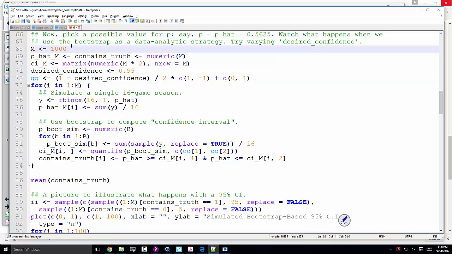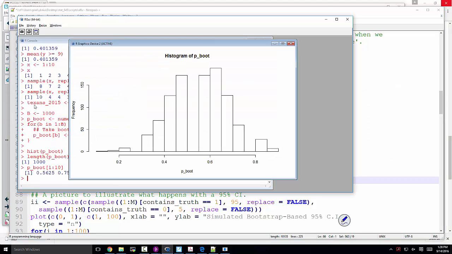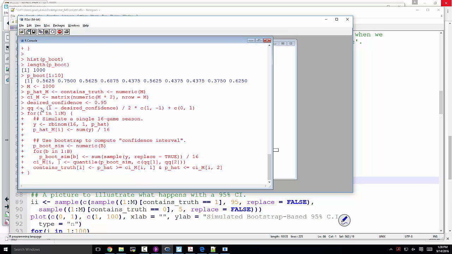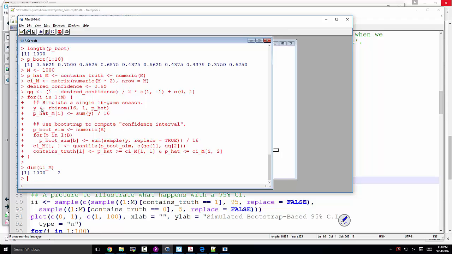Let me run it one time. Might take a moment to run because we're doing 1,000 iterations, and inside that we're doing 1,000 more. Okay, so it's done, and let's see what we have. There is this matrix CI underscore capital M, which is 1,000 by 2.